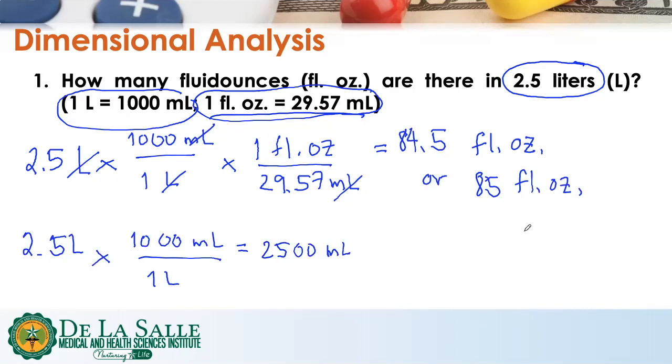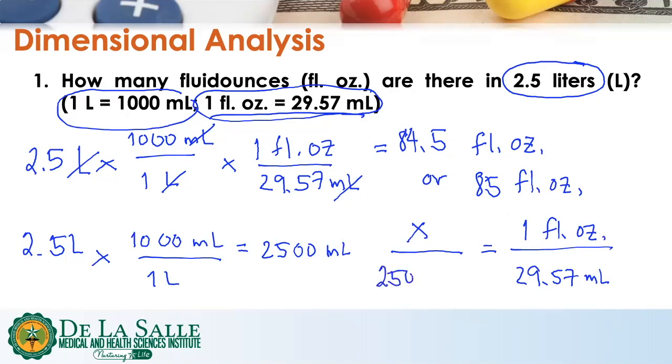Now, what we know is that 1 fluid ounce is equivalent to 29.57 milliliters. We need to determine how many fluid ounces X there are in 2.5 liters or 2,500 milliliters.